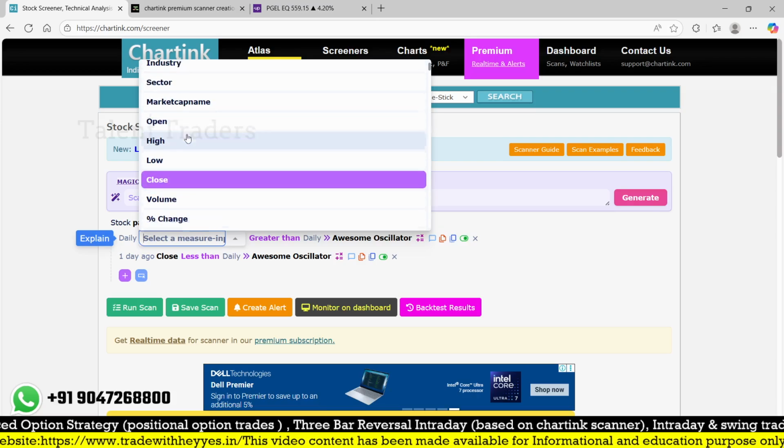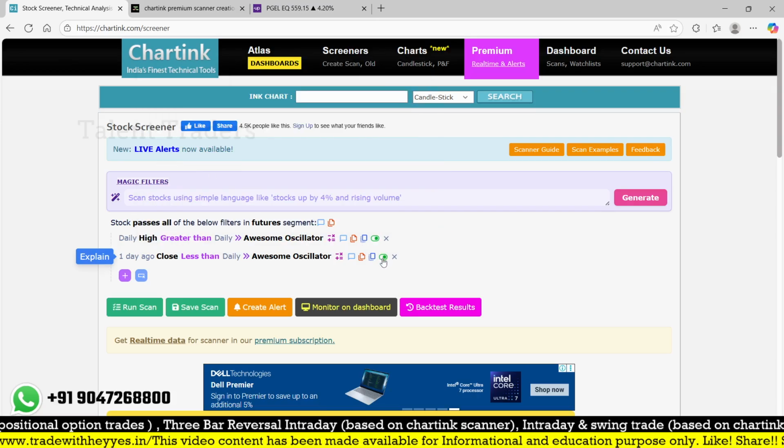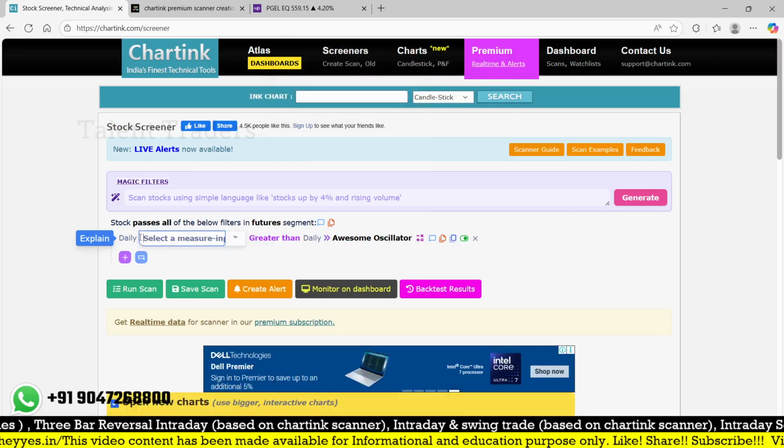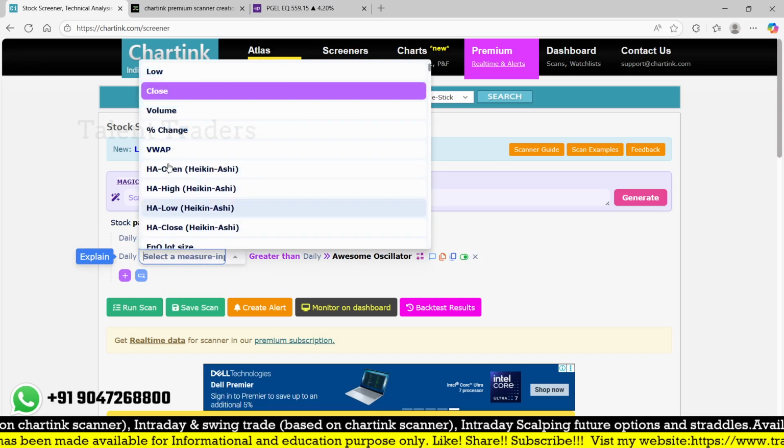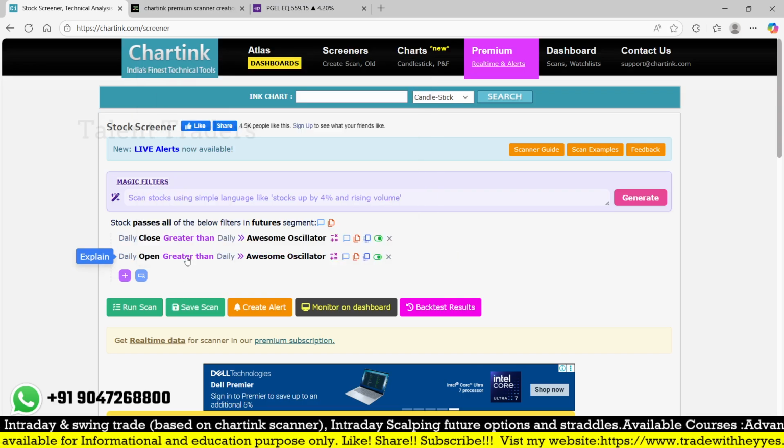Or daily high greater than the Awesome oscillator, or daily close. While creating the condition, it should be open less than.